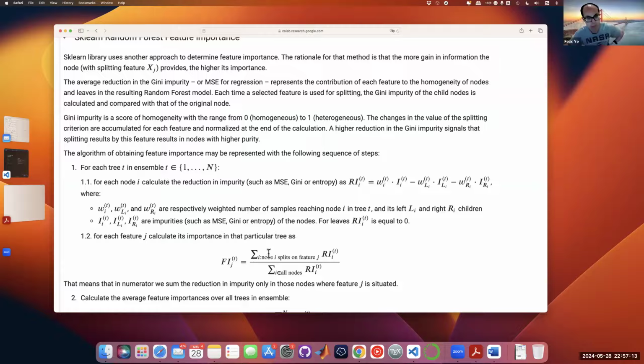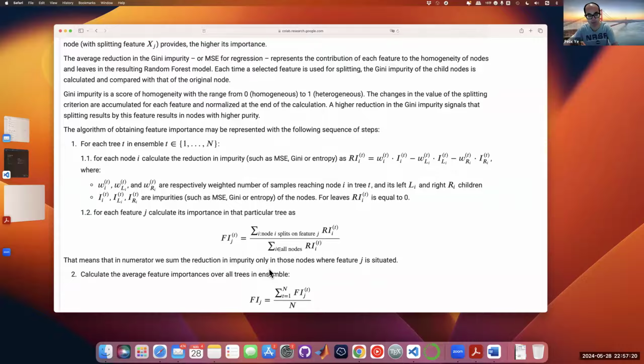Then we need to calculate the feature importance for a specific feature j in tree T. I sum up all the nodes that split using feature j, summing the reductions in Gini impurity, then divide by the total reduction in impurity over all nodes.